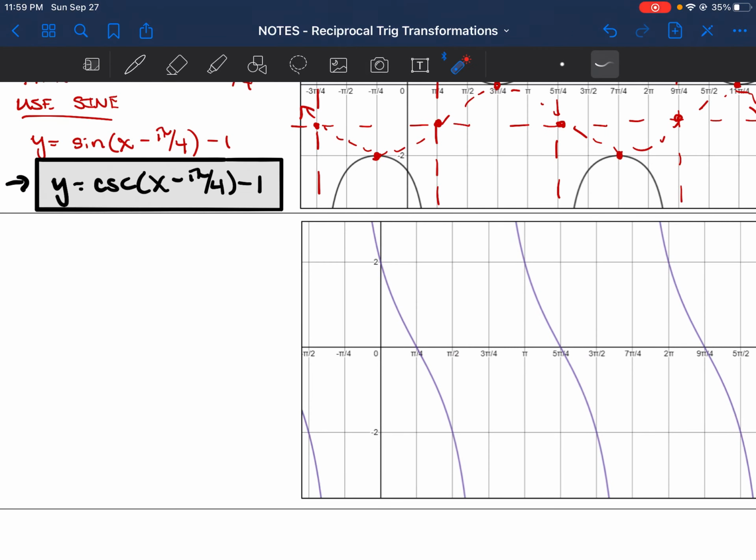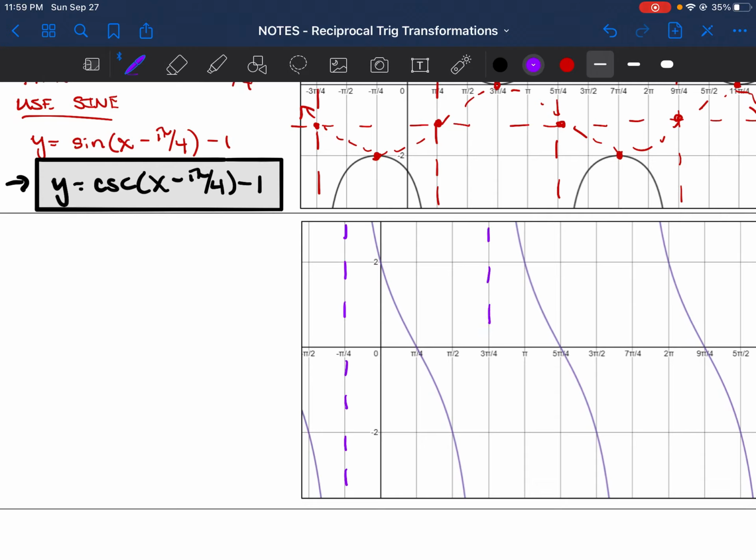It's looking like instead we have asymptotes that have been shifted to the left by pi over 4. Because if you look at your new asymptotes, let's do this in purple here, we have new asymptotes right here, negative pi over 4. And originally the asymptote was going through 0.